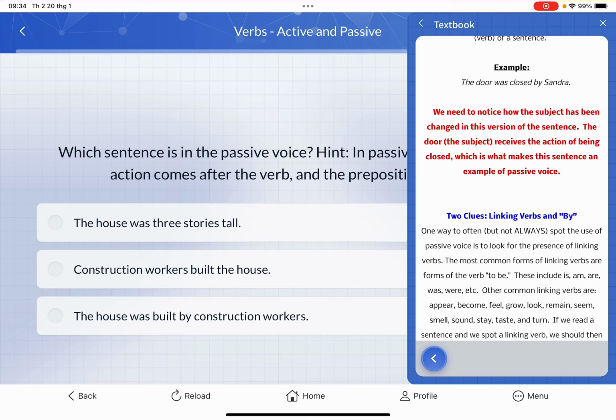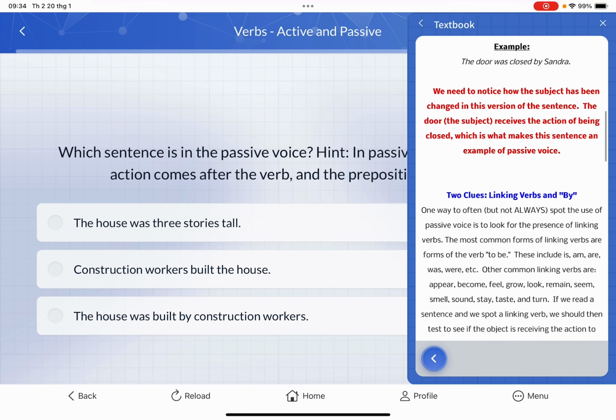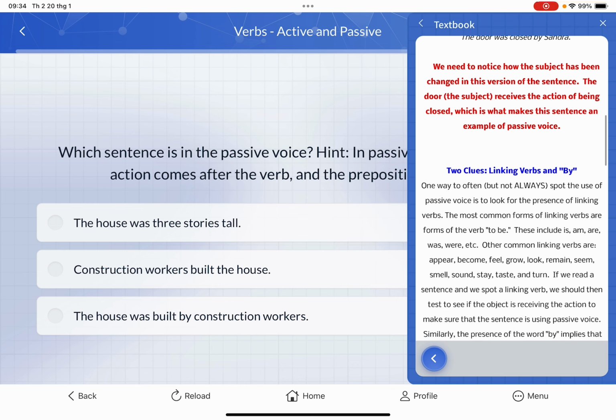One way to often, but not always, spot the use of passive voice is to look for the presence of linking verbs. The most common forms of linking verbs are the forms of the verb to be. So words like is, am, are, was, were, etc. would be included as linking verbs.